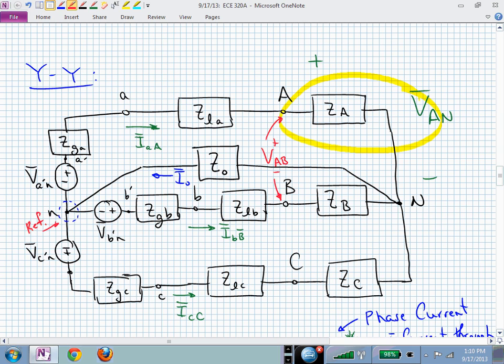V sub A prime N, because we want to assume all generality, so we'll assume that that generator impedance is non-zero, so we have to account for Z sub GA. The drop across those three impedances in the A phase, Z sub GA, Z sub LA, and Z sub A, those are in series, so I can add those up pretty easily. That's my total impedance. And the voltage dropped across that is V sub A prime N minus V sub capital N.